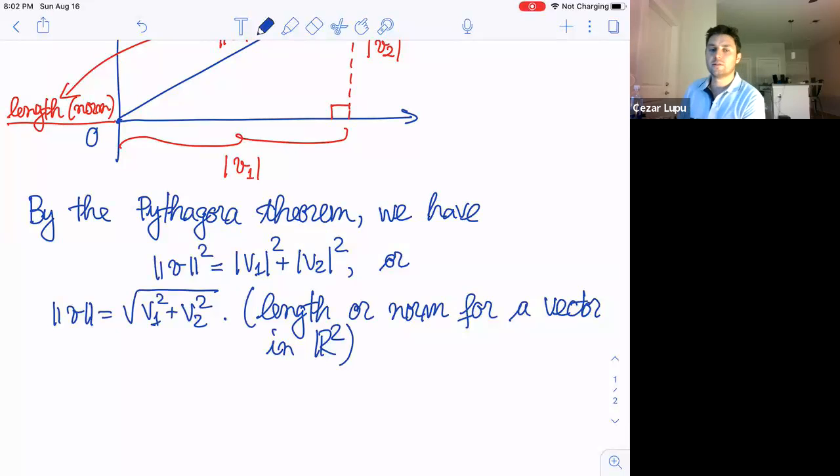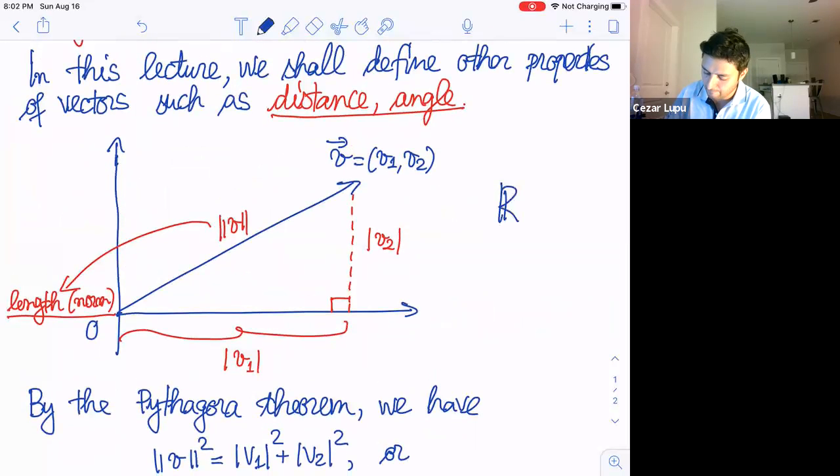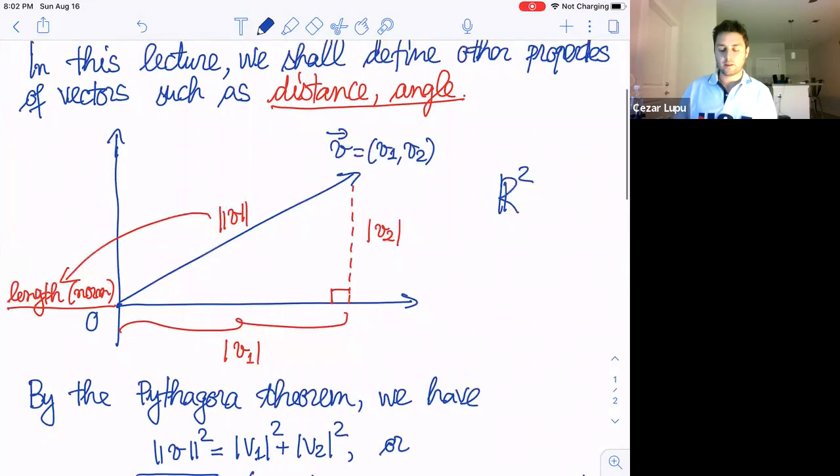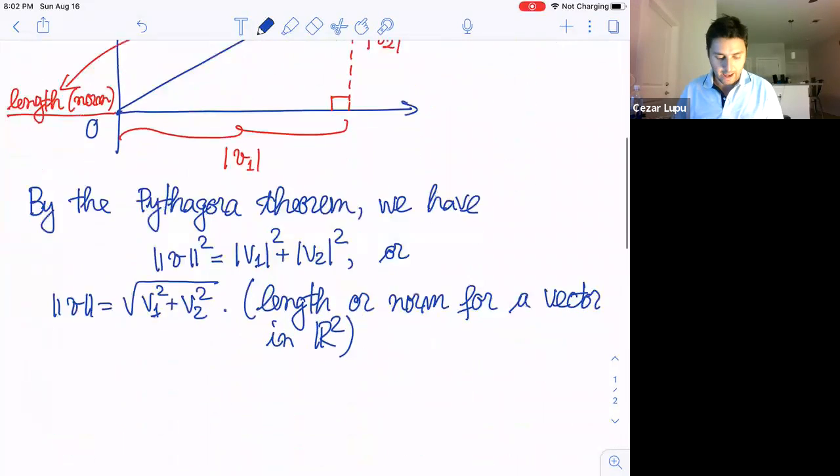We can use this R2 as a model. Here, everything is in R2, and we want to use this as a model to define the length of a vector in Rn.